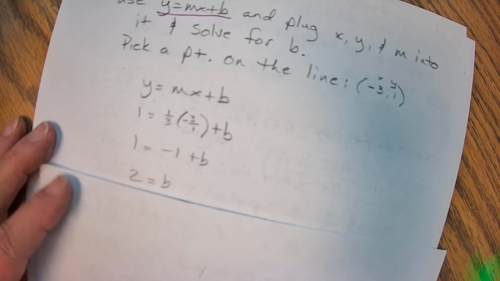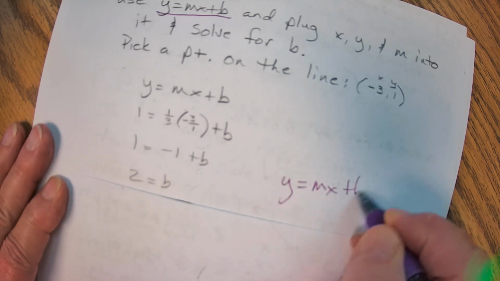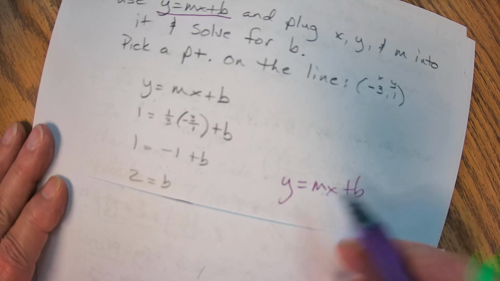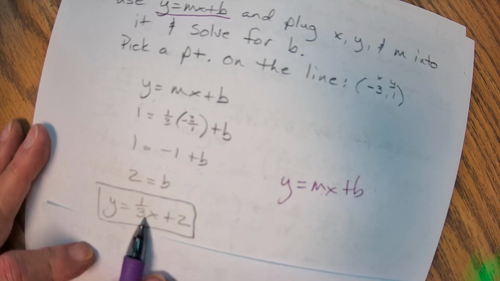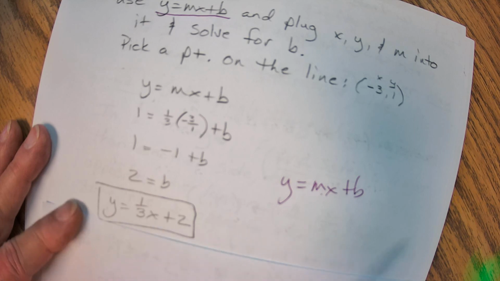The last step is, remember this is the equation of a line. Well, I know what m is, it's 1/3. And I know what b is, it's 2. So the equation of my line that contains X and the midpoint of ZY in that triangle for number 4 is y = 1/3 x + 2.